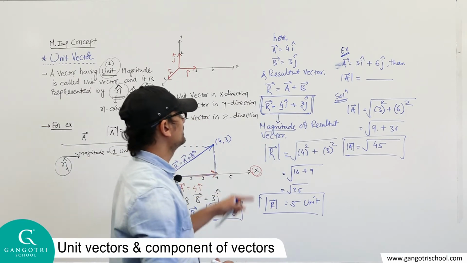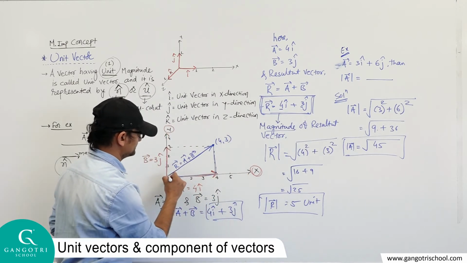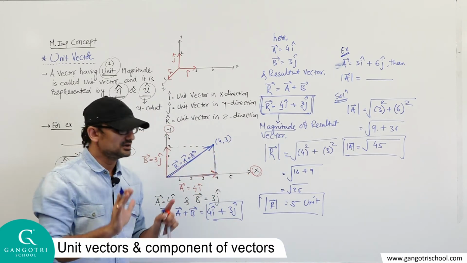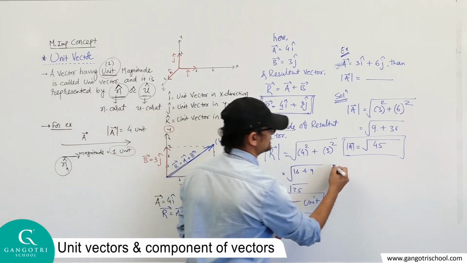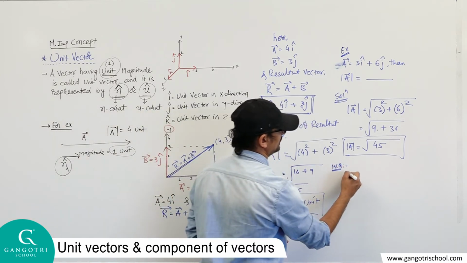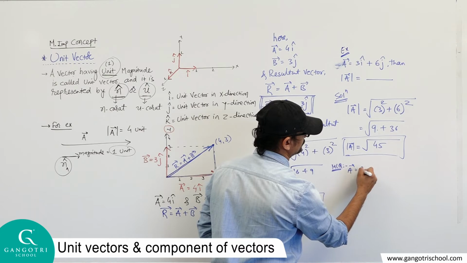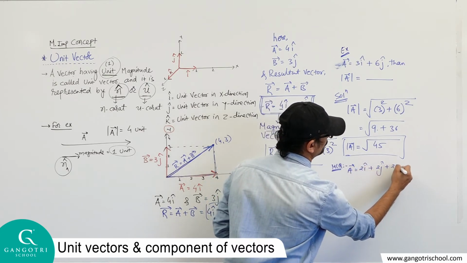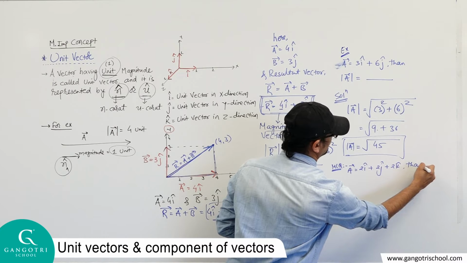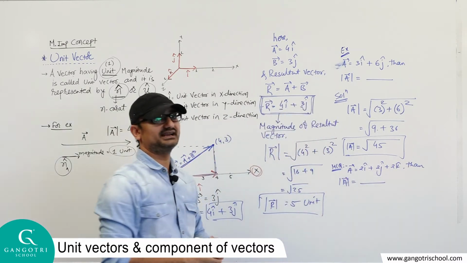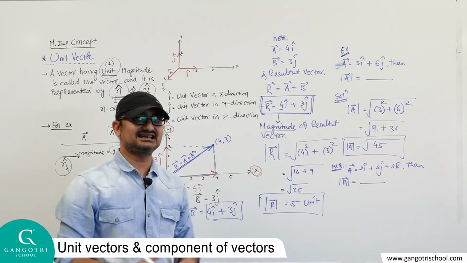One more point: right now this resultant vector is in 2 dimensions, in the xy plane. But if the vector is in 3 dimensions, look at another MCQ: vector A is equal to 2i caret plus 2j caret plus 2k caret. Find the magnitude. The rule is as it is.